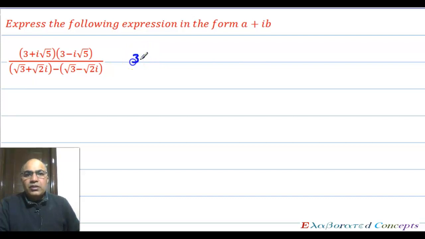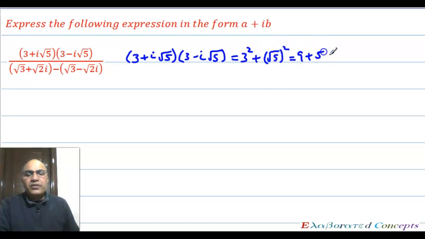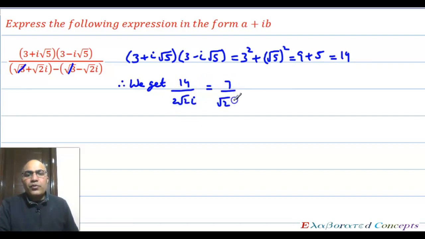In this question, the numerator is 3 plus iota root 5 into 3 minus iota root 5, which is equal to 3 square plus root 5 square, equals 9 plus 5, which is equal to 14, and in the denominator root 3 terms cut with root 3, so we get 14 upon 2 root 2 iota, which is equal to 7 upon root 2 iota.